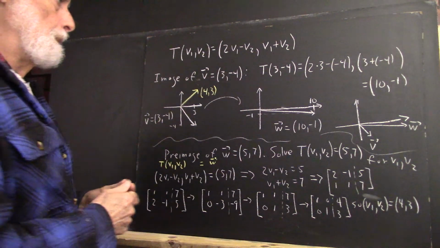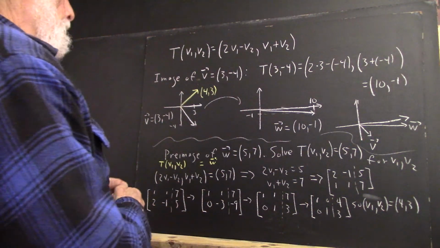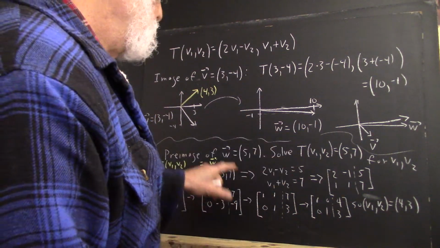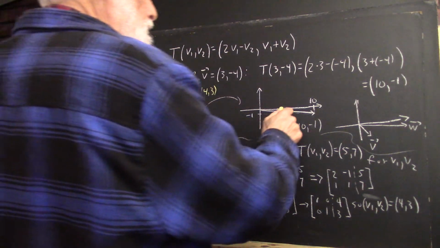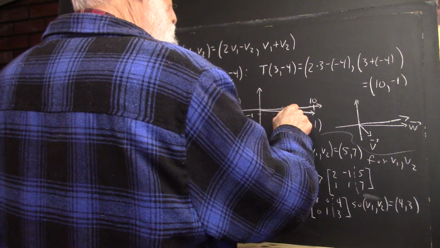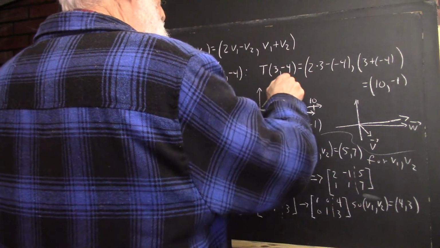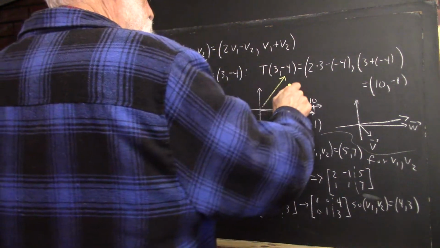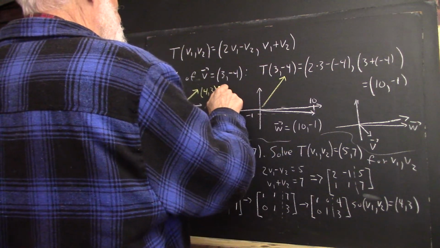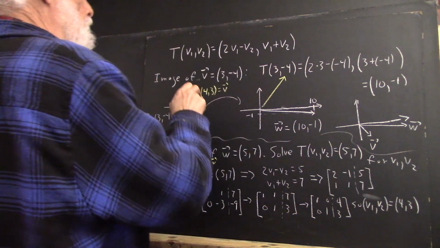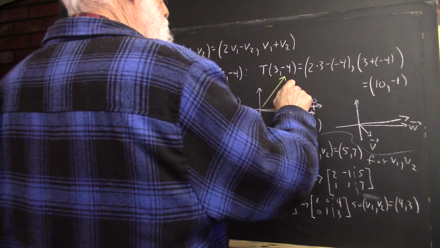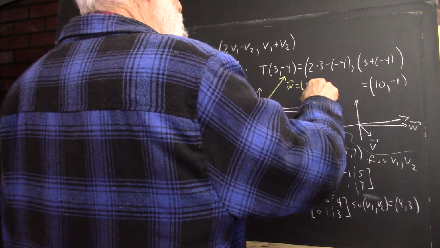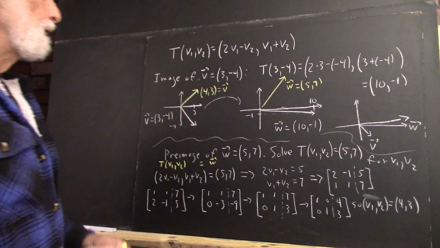There's no reason it should have come out that neatly. This vector transforms over to our target vector, which was 5, 7. So if there's 10, here's 5, here's 7. So if our V vector is this, our W vector is the vector 5, 7 that we specified.